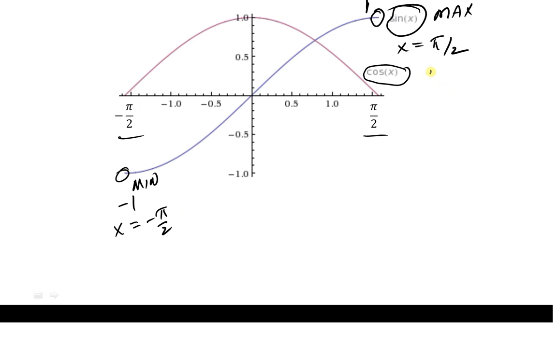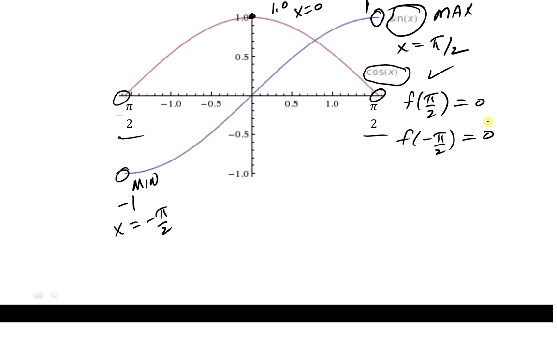Now for the cosine function, you see that its maximum value is equal to 1.0 at x equals 0, and the minimum value occurs at 2 points, f of pi over 2 is equal to 0, and f of minus pi over 2 is equal to 0.